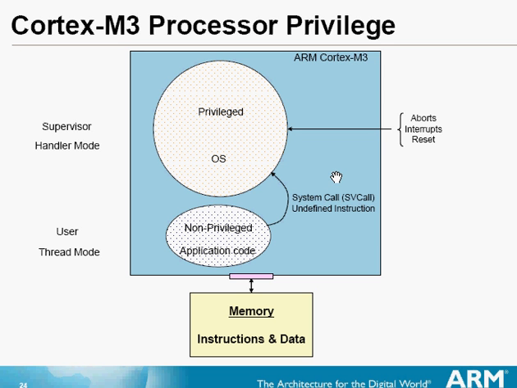Unprivileged code limits or excludes access to some resources such as specific instructions or memory locations. So the user side, where most application code runs, supports non-privileged and privileged code. The supervisor side supports only privileged code.